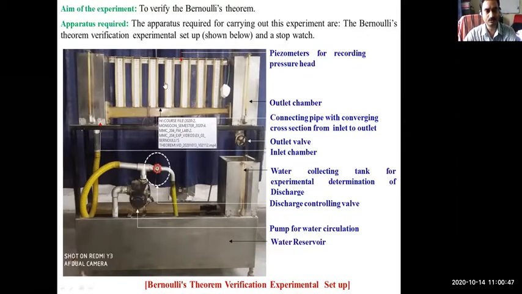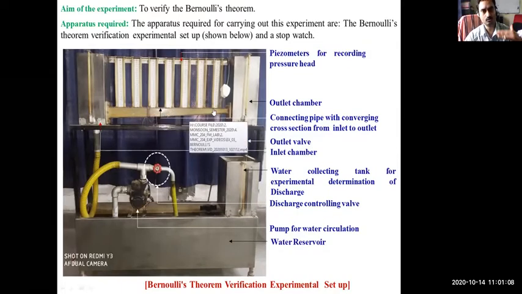These are the piezometers, 14 in total. The piezometers are used to give you the measurement of the pressure head, and the reading on the scales is used to measure the meniscus level, indicating the pressure head.